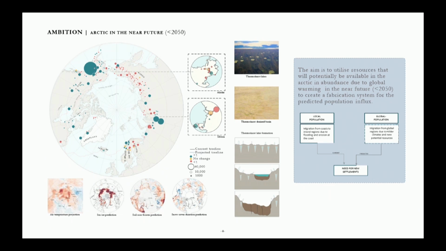Therefore, we looked into this as an opportunity to create an integrated fabrication system in order to mitigate this potential population influx. And we also observed an interesting phenomenon, which is called thermokarst lakes, which are appearing due to permafrost thawing, where there is a lot of abundance of peat on the late stages of lake development.